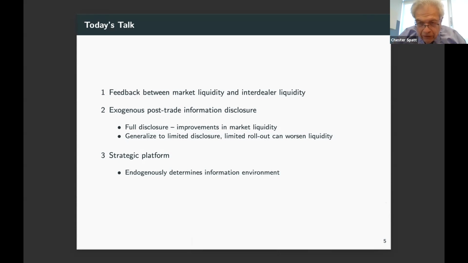Even though the relevant time scales are in milliseconds, the issues of who purchases proprietary data and the pricing of that are still very important. It seems to me that's a natural way to motivate these issues, maybe even more so than the corporate bond market, although at least as much as the corporate bond market.